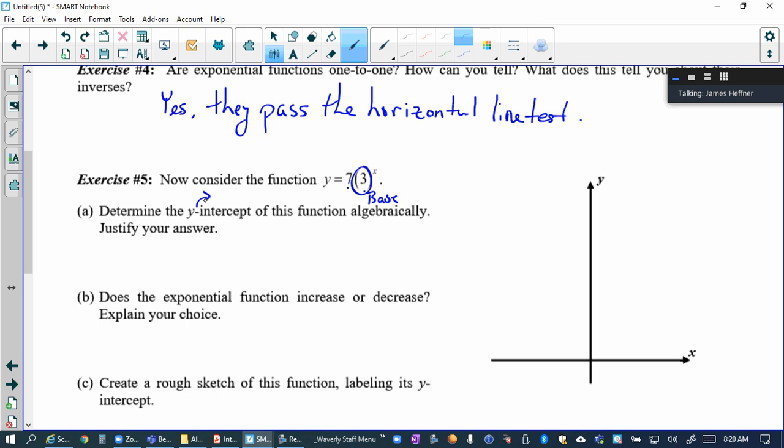Where x equals 0. The y-intercept is always where x equals 0. So let's plug a 0 in for x and see what we get. We get y equals 7 times 3 to the 0. But what's 3 to the 0?